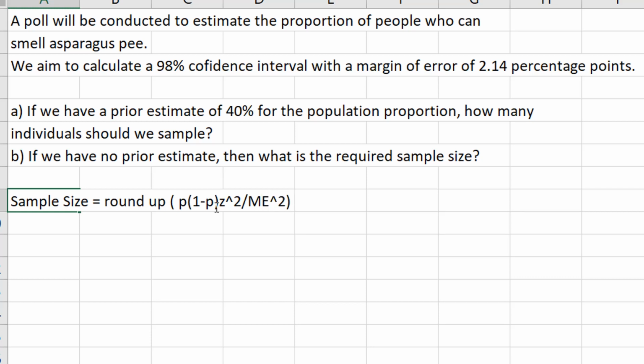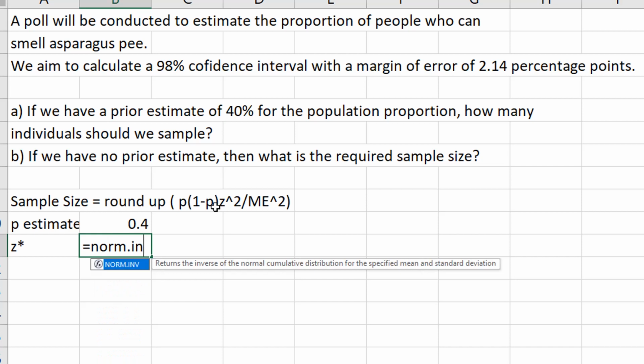I'll try to help you make sense of that, but let's put all this stuff in. So our p estimate is 0.40. Our z star is based on a 98% confidence interval, so this is going to be norm.inv of 1 minus 0.02 divided by 2.